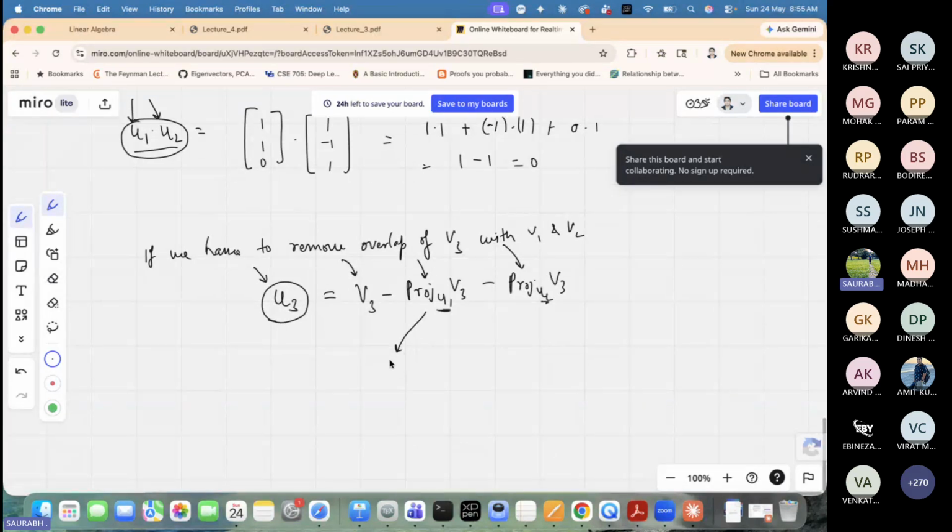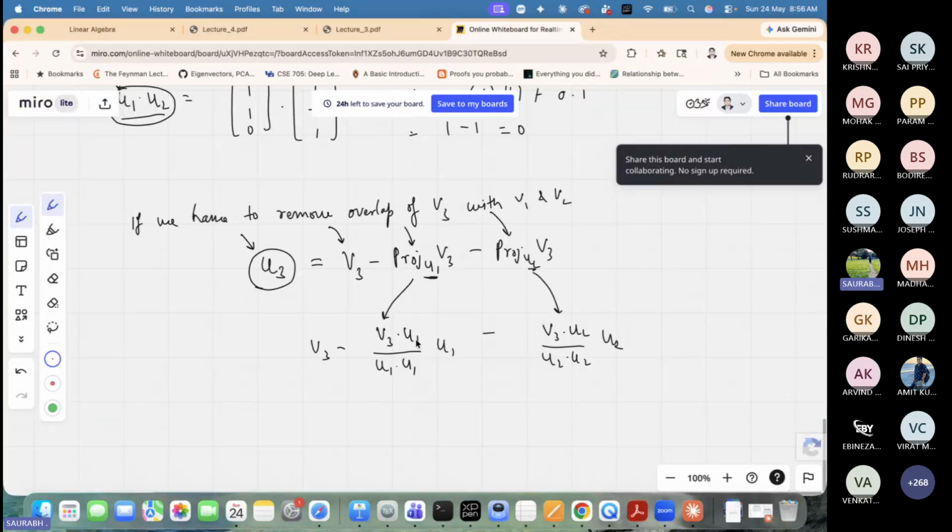So herein the formula would become V3 dot U1 divided by U1 dot U1 into U1, minus this particular part, which would become V3 dot U2 divided by U2 dot U2 into U2, and then V3 minus this.